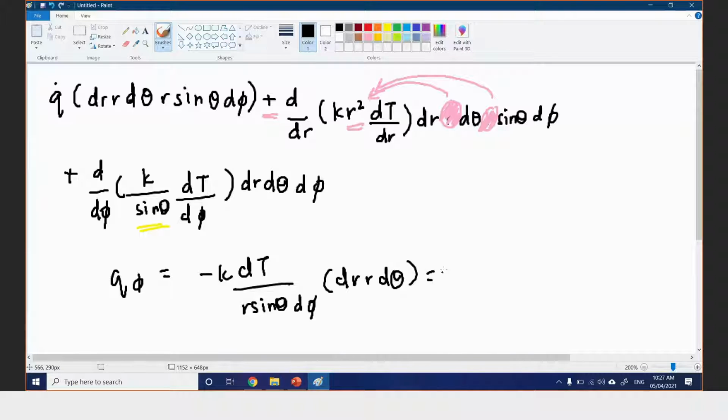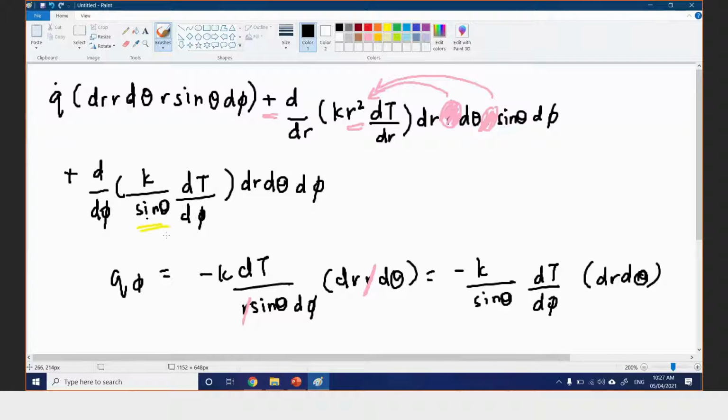So what I did was the r here cancels out with this r here. So we can have minus k over sine theta dT over d phi times dr d theta.